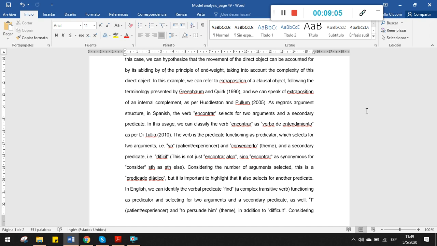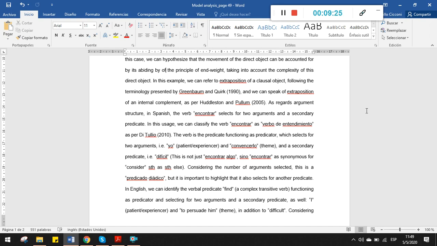As Professor Natalia expanded on in her video, this selection of the secondary predicate is required by the verb encontrar in order to convey this meaning of considering something as something else.